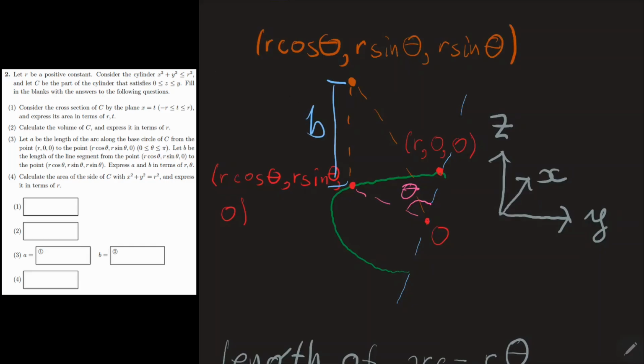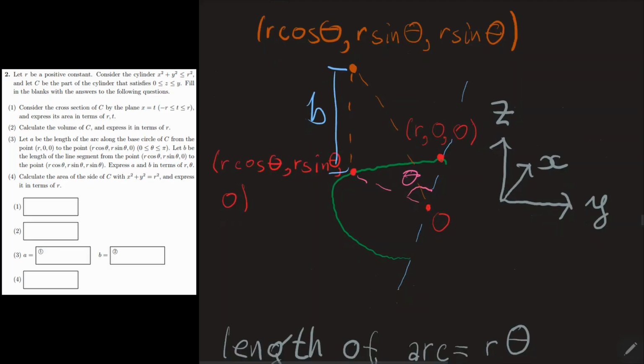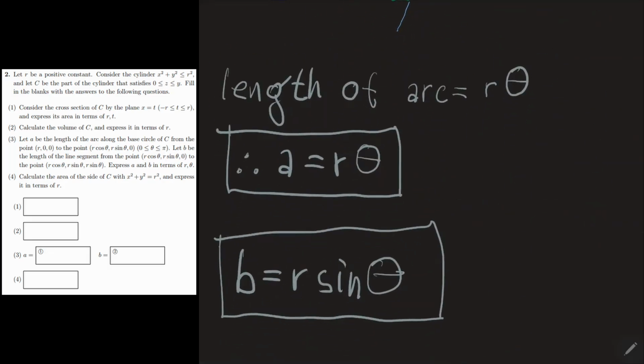They're asking us to find the length of the line segment from the point r cosine theta, r sine theta, 0, which is right here, to the point r cosine theta, r sine theta, r sine theta, which is right up here. The length of this is clearly just r sine theta, and so B is equal to r sine theta, and that is the answer to this part of the question.